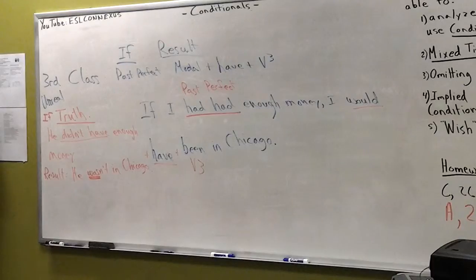Well, that's right. Just remember, with both a second and a third-class condition, you want to contradict the truth. So if the truth is positive, you want to go negative. If the truth is negative, you want to go positive. Okay. Simple rule.